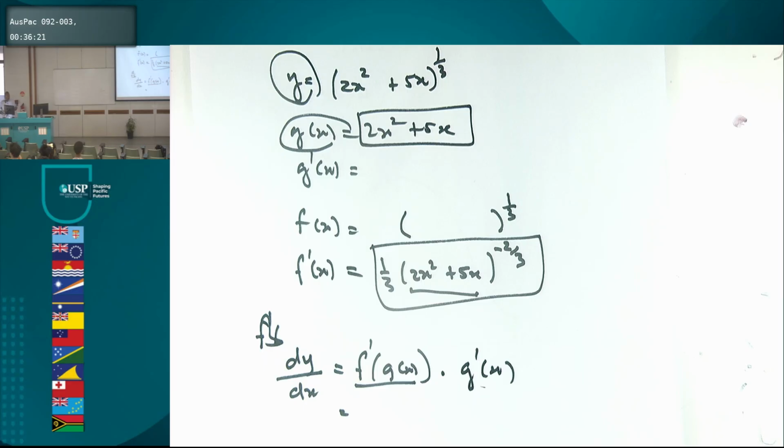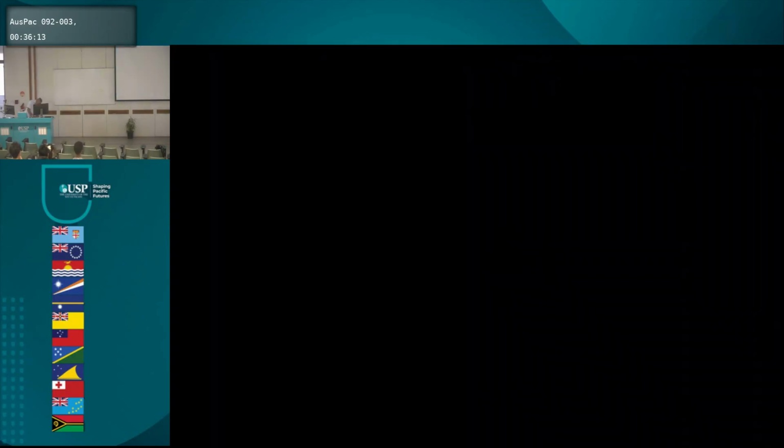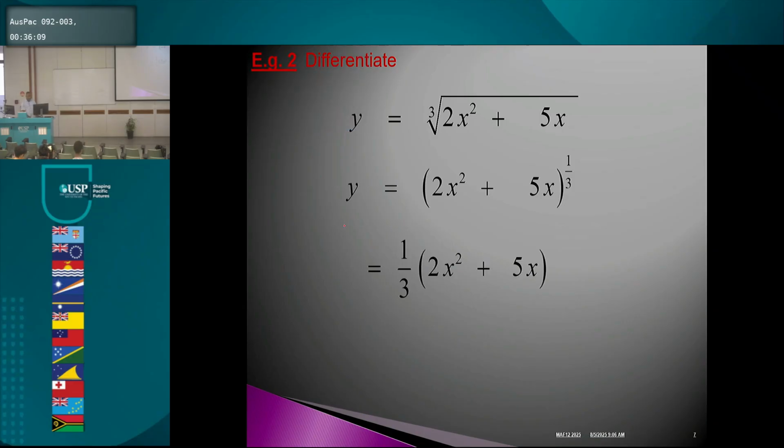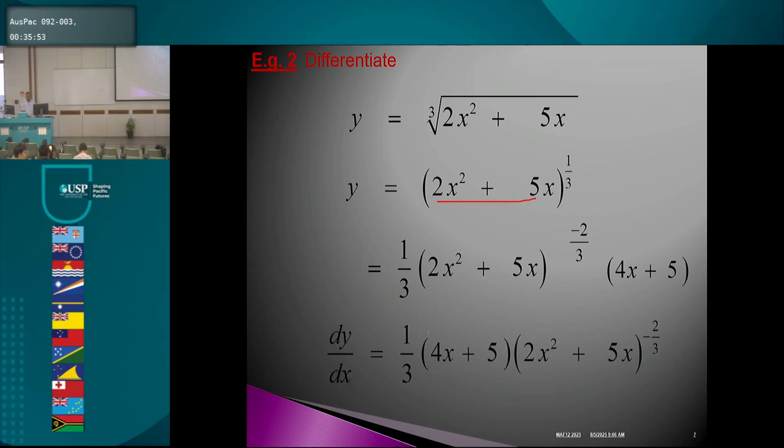And again, like I said, we expect you to simplify. Of 2/3. And we've differentiated the inner. So dy over dx is 1/3 (4x plus 5)(2x squared plus 5x), everything to the power negative 2/3.